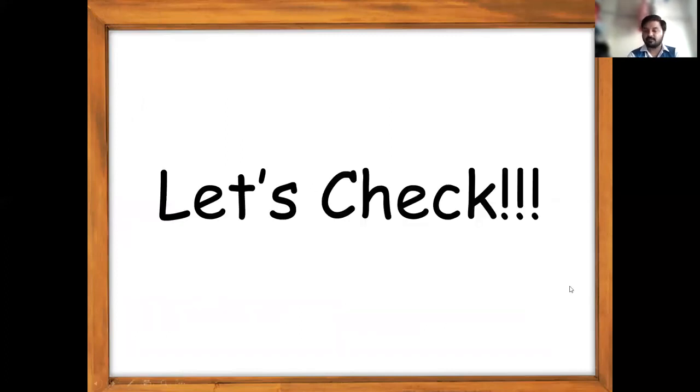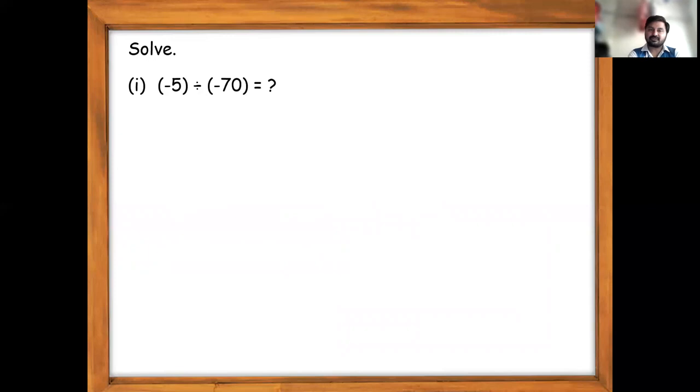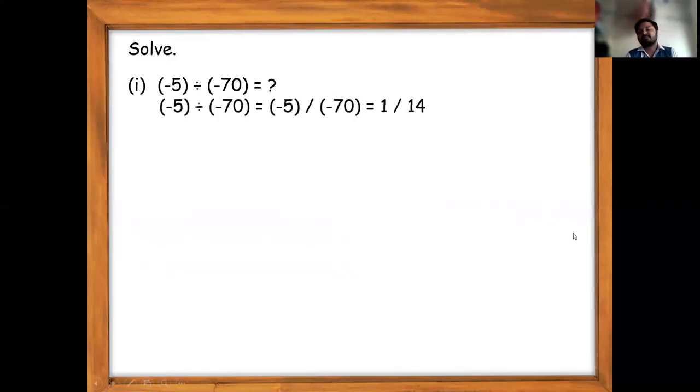So let us check how much you have understood from today's topic. Students, I want you all to solve this sum and tell me the sign of the final answer and what the final answer is. Yes, did I hear 1 upon 14? That's the correct answer.